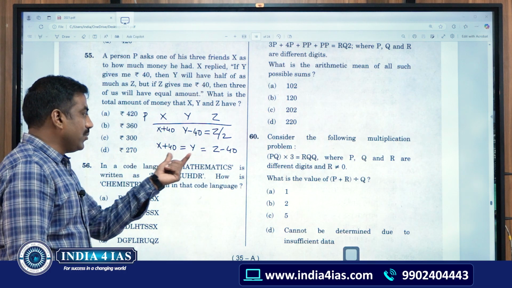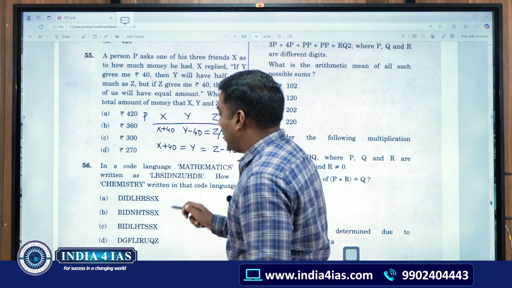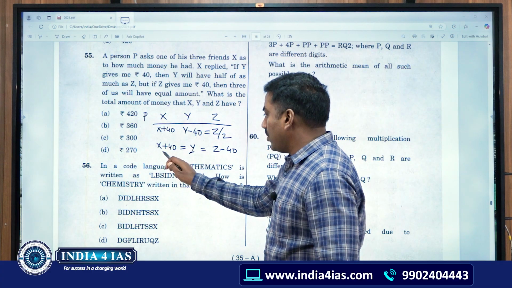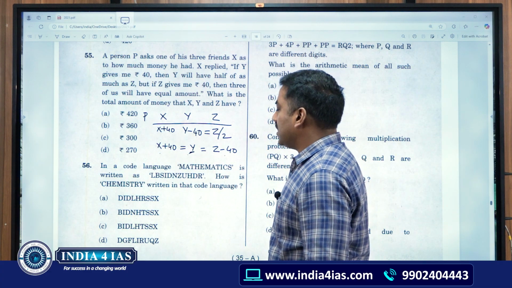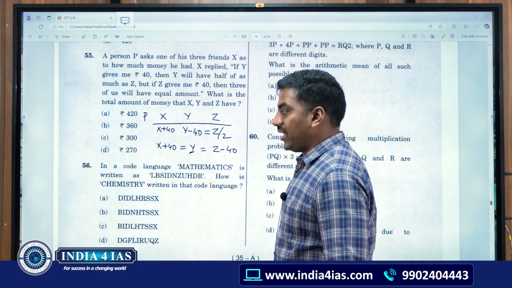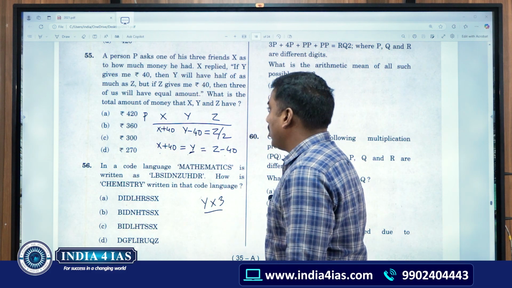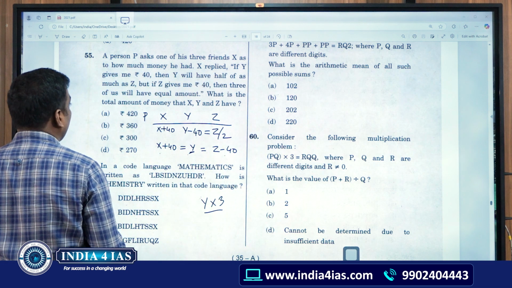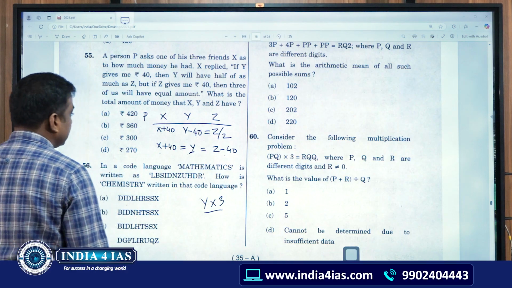See, here 40 more, here 40 less. Here 40 more and here 40 less. That will be equal to Y. So basically now X, Y, Z are in arithmetic progression, or what Y has, and if we multiply by 3, we'll get the total amount. So now they are asking, what is the total amount of money X, Y, Z have?